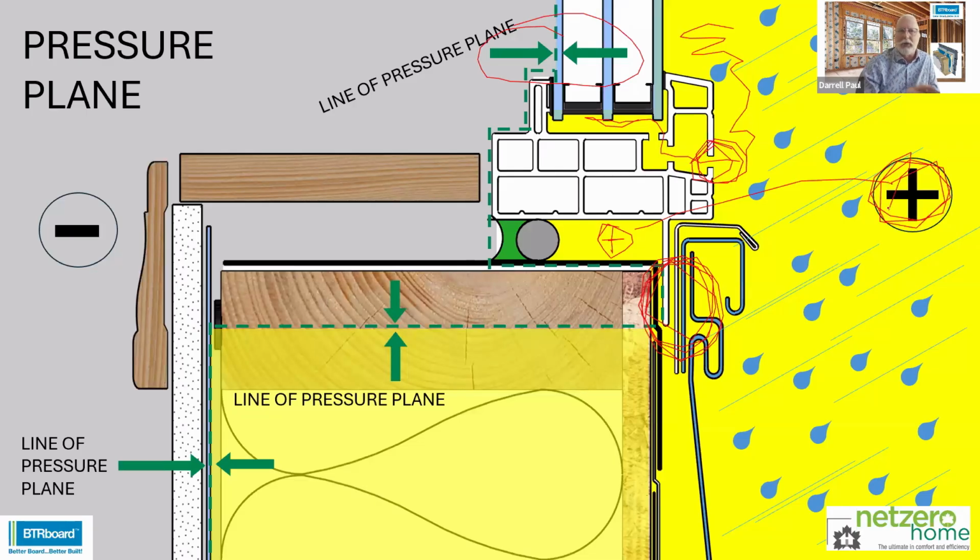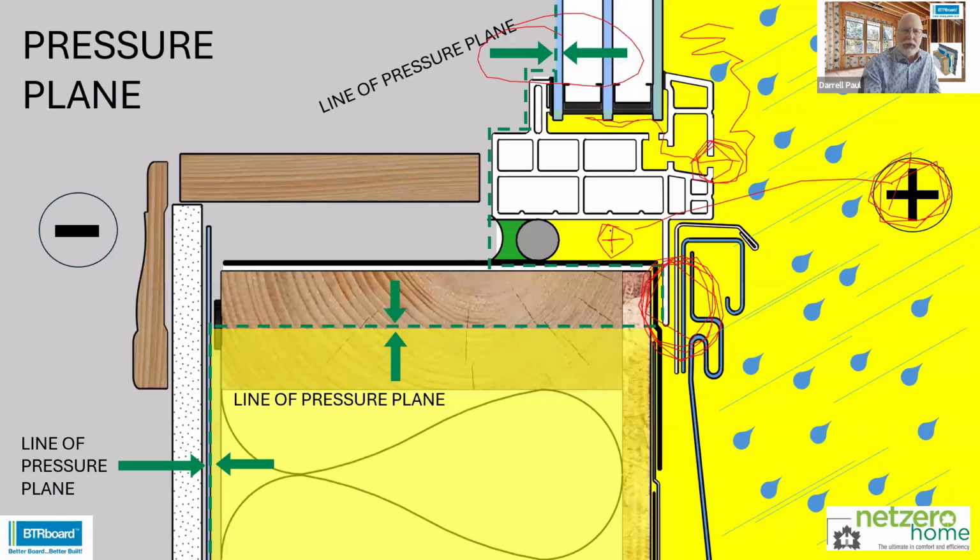If there's equal pressure right here at this cavity as there is outside right here, then we have nothing pulling water into the cavity. So you'll notice on this typical example, we've got an R20, R22 pad of insulation. We've got the poly on the inside, the 6 mil poly, and the line of pressure is always away from where the water is. So it's neutralizing the ability of the air to pull that rain, that moisture in there.